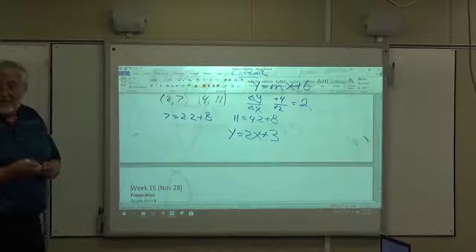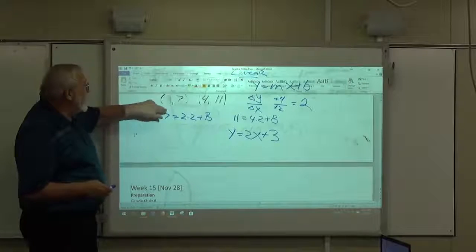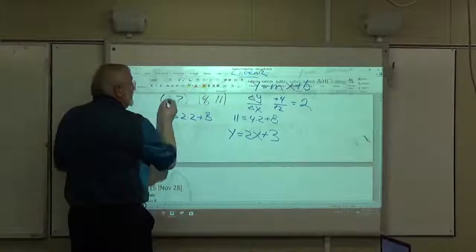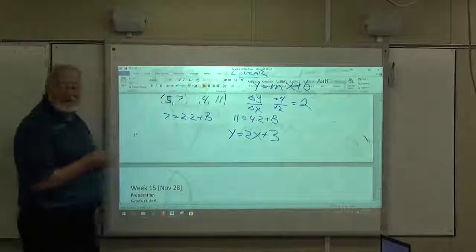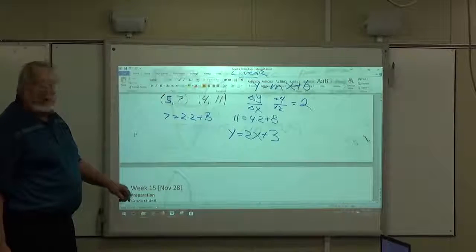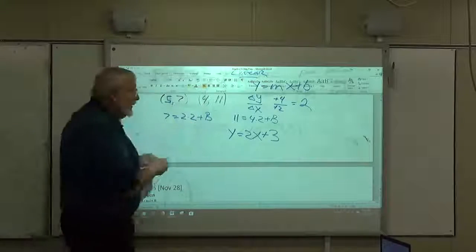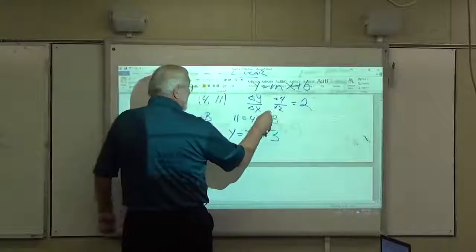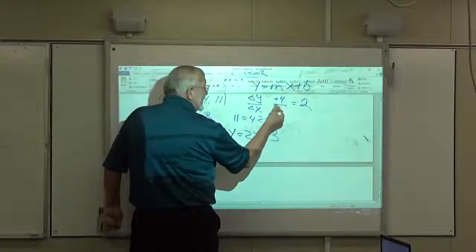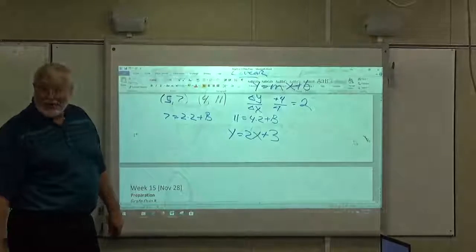That's lovely. Right? Now, how do I make it harder? I make this 5. What's that do to my slope? It makes the slope negative 4, right?